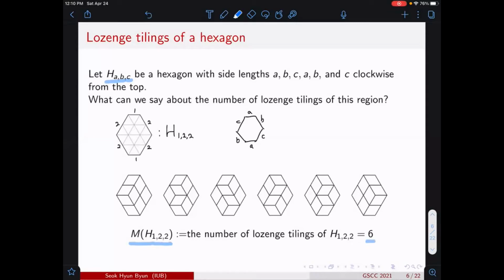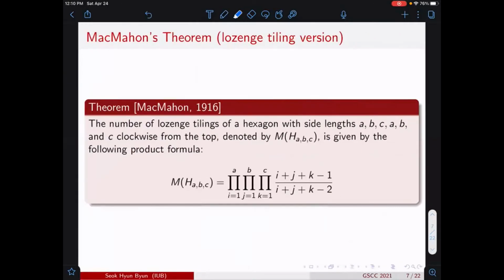But I told you that this question is already well known, right? In fact, this problem was solved more than 100 years ago by MacMahon. I should mention that the statement that he proved is not this. Instead, he enumerated the number of plane partitions with some restrictions, but it turns out that what he proved is equivalent to this statement.